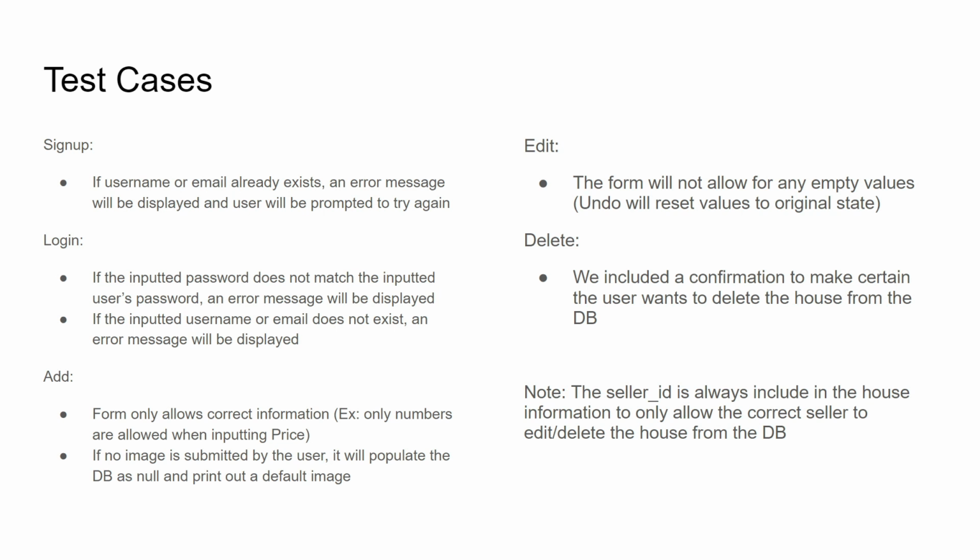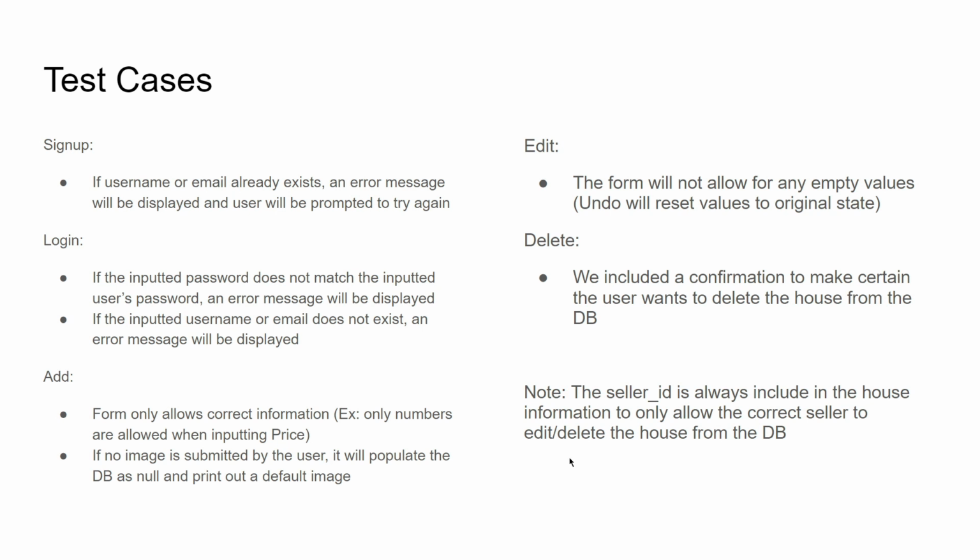And then, if no image is submitted, obviously it will just populate the database as null and print out a default image. Then for the edit functionality, the form also doesn't allow empty values, so make sure every value is updated or it's been changed, except for the optional values, which is the proximity facilities and the proximity roads. Those can be blank.